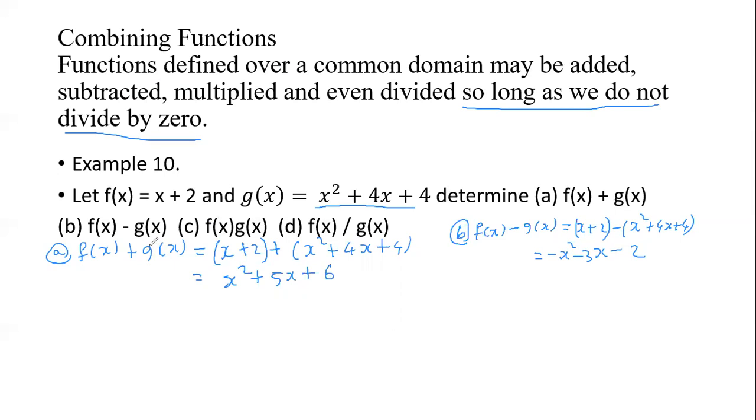C. f(x) times g(x). This means it has invisible multiplication in between. f(x) is x plus 2, g(x) is x squared plus 4x plus 4.